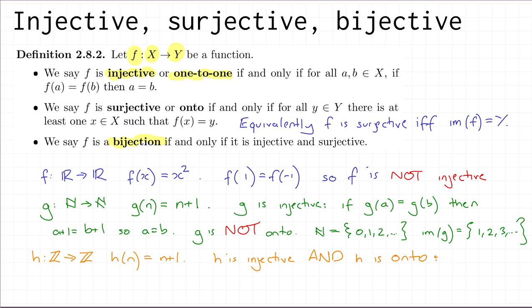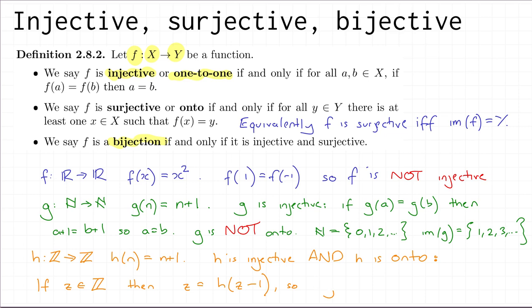The reason for that is if you take any element in the codomain, so let's say z is in the codomain, little z is in the codomain, z is equal to h of z minus 1. z minus 1 is a legitimate member of the domain of h, and so this shows that every element of the codomain is actually in the image.